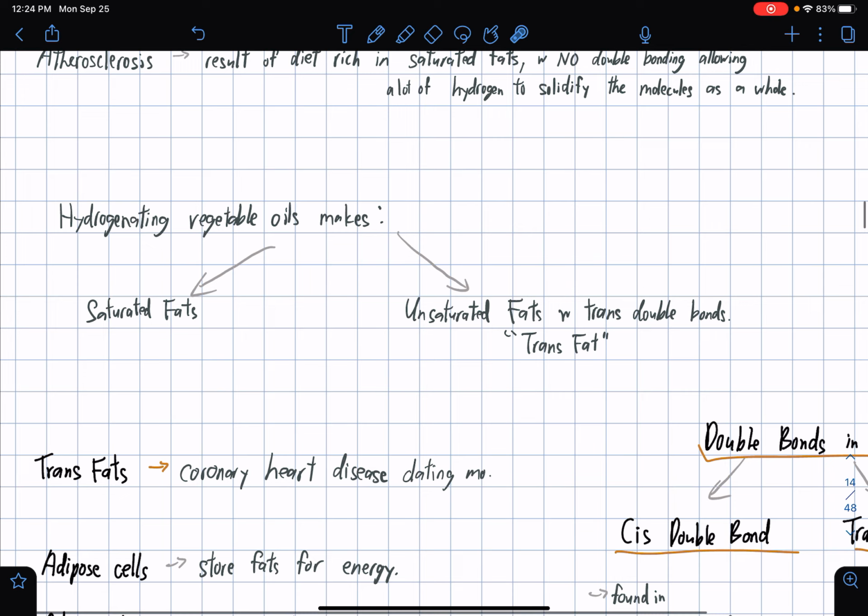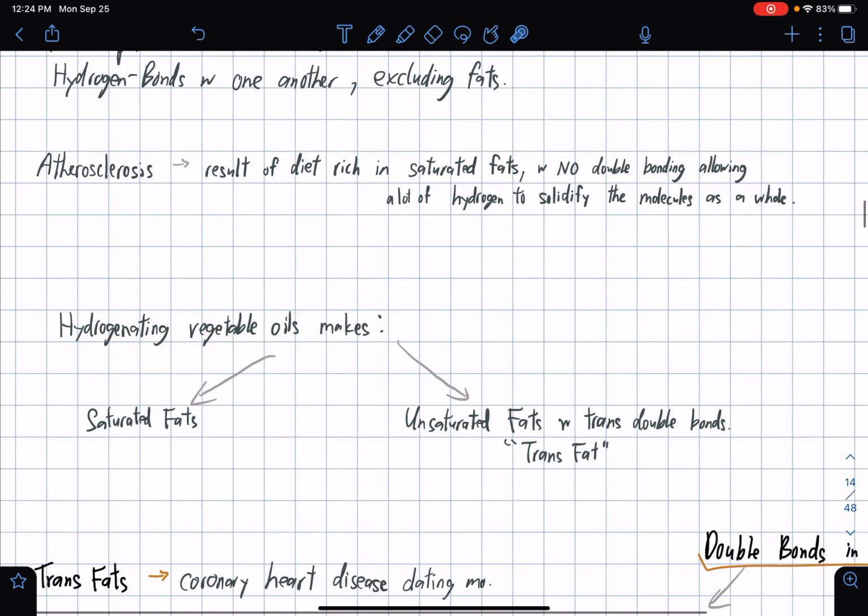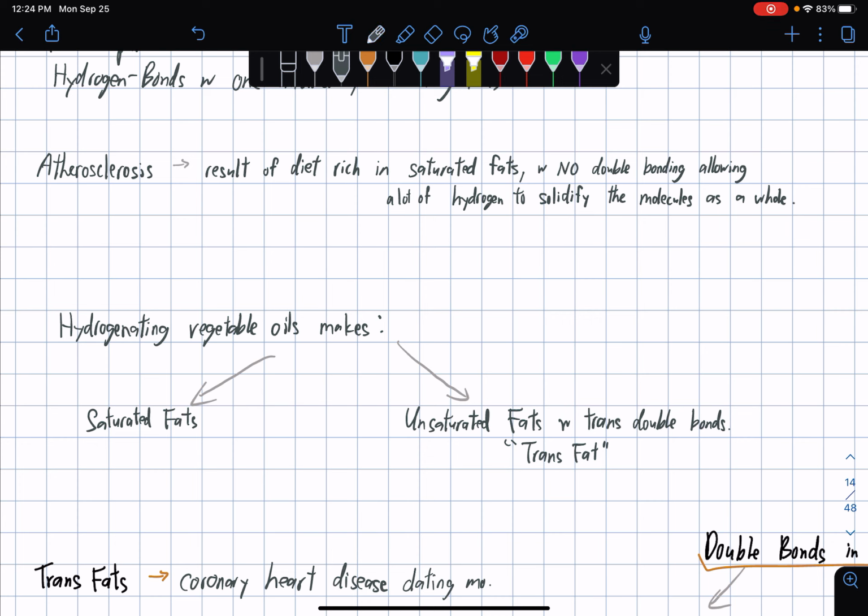So hydrogenating vegetable oils. Naturally, there are certain vegetable oils, if not all, that are unsaturated, which are basically liquid at room temperature. But from the word hydrogenating, this is basically the addition of hydrogens, or addition of H or hydrogen atoms.